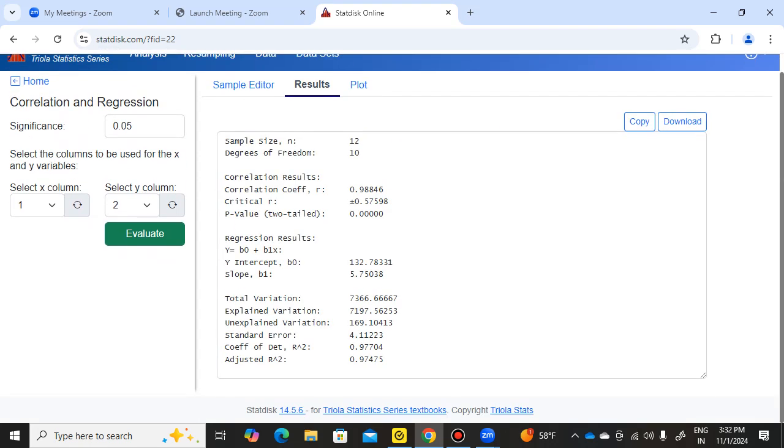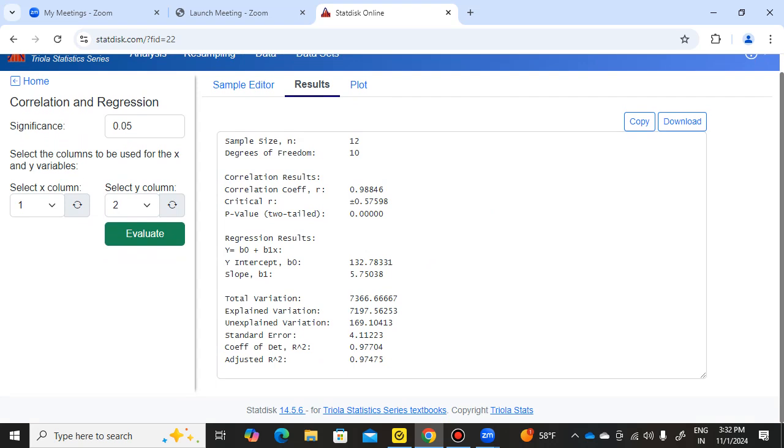So let's look at the results. Pretty high values here. R is 0.988. Our critical is 0.576. P-value is pretty much equal to 0. Alpha is 0.05.